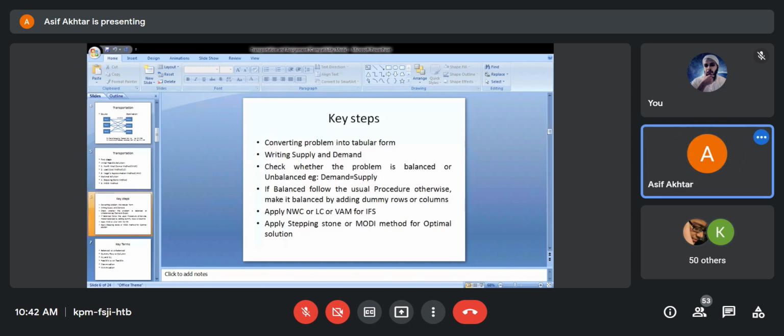Number one point is, a language problem is given to you and you have to convert that problem into tabular form. जैसे linear programming में किया था, we read the question and we convert it into tabular form. Then we have to write down the supply and the demand. What is the demand? Demand is given by the destination. What is the supply? Supply is given by the origin.